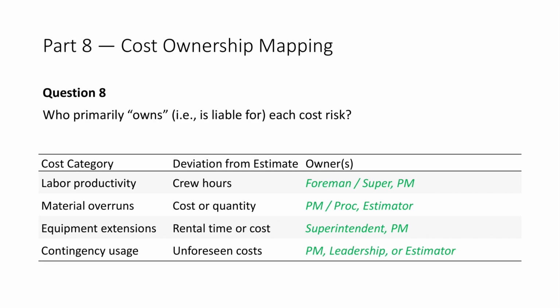Material overruns usually fall under the project manager or procurement, although the estimator may share responsibility if the scope was poorly defined. Equipment extensions are most often the responsibility of the superintendent, with support from the project manager. Contingency usage is generally owned by the project manager, but it typically requires owner or leadership approval, and the estimator is responsible for setting the contingency level in the first place.